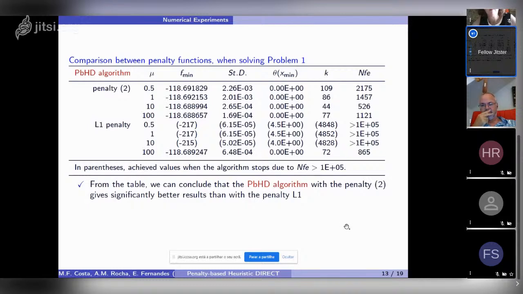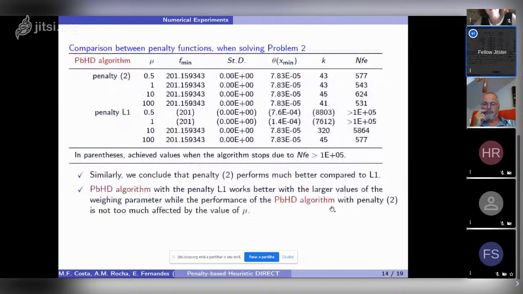From this result here, we can conclude that our algorithm with the penalty 2 gives significantly better results than with penalty 1 when solving this problem 1. Here are the results when solving the problem 2, and similarly, we conclude that the penalty 2, the penalty auxiliary function, performs better compared to the L1.